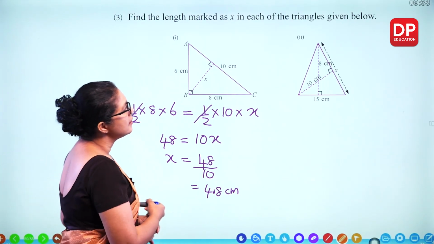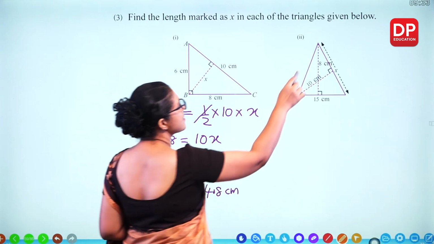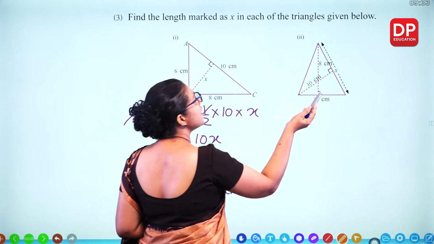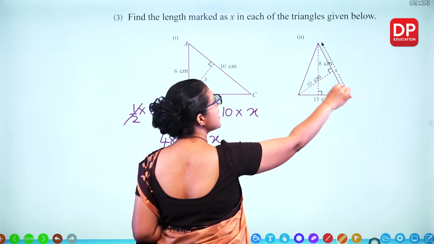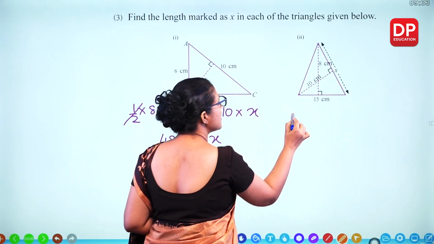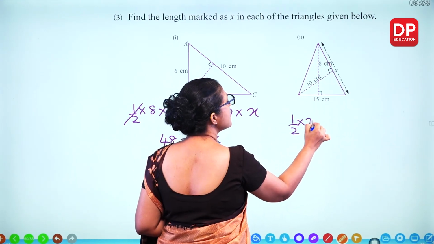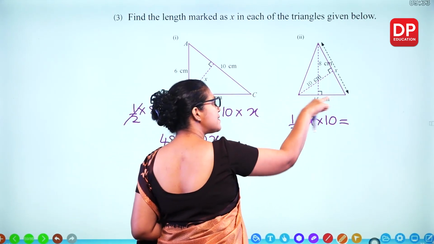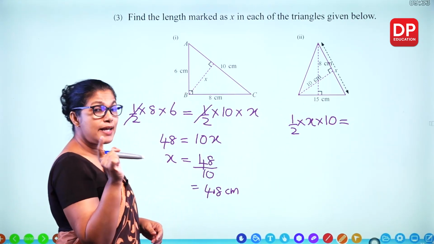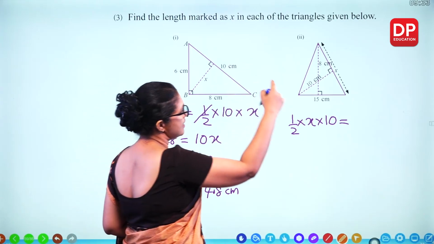This one. Now base length is x. So what's the area of a triangle if base length is x? Perpendicular height is 10. So half times x into 10 is same as, if you take base length as 15, what's the perpendicular height? That's 8.